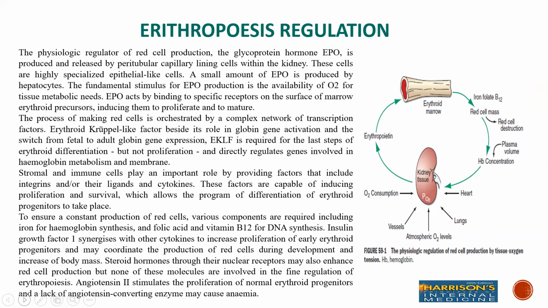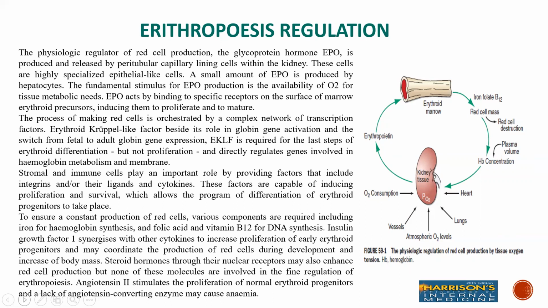Stromal and immune cells play an important role by providing factors that include integrins or their ligands and cytokines. These factors are capable of inducing proliferation and survival, which allows the program of differentiation of erythroid progenitors to take place.